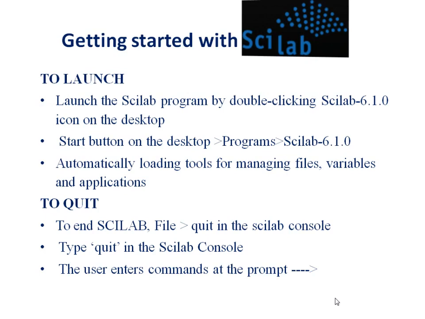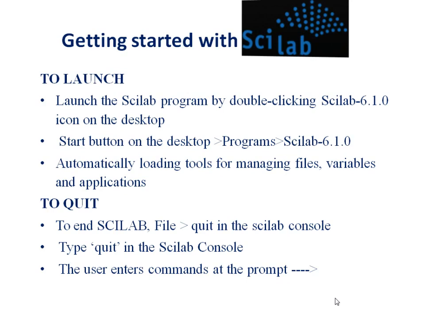To launch the Scilab program, double click on the Scilab 6.1.0 icon which appears on the desktop. After installing Scilab on your system, if you don't find the icon on the desktop, go to the Start button, then go into Programs and then click on the Scilab icon.